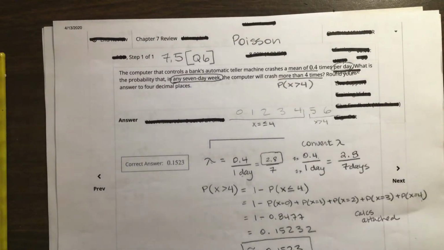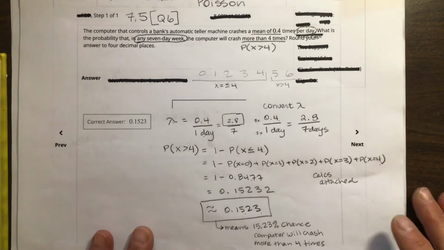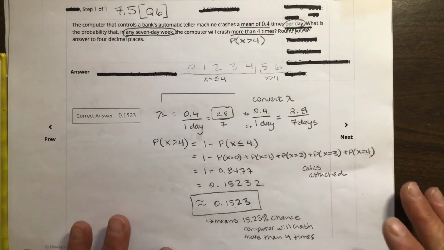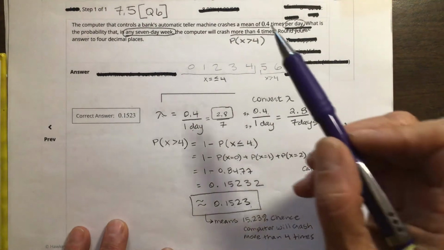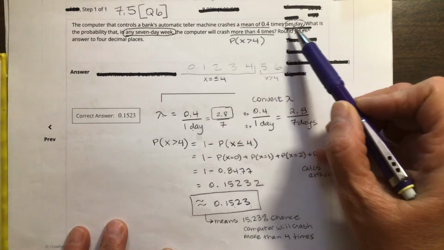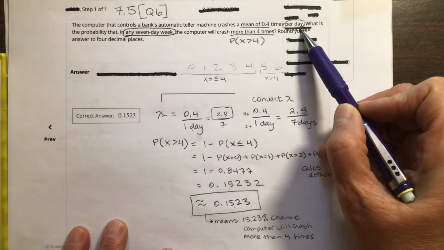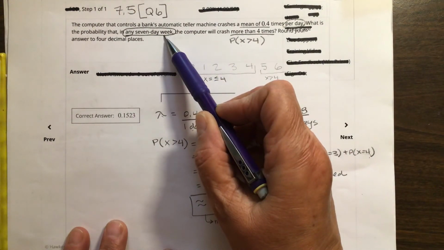Then we move on to these that aren't that simple, and you have to know how to do these. So we've got a couple of complications going on here. One is they give us a mean per day, but they ask about a probability per week.